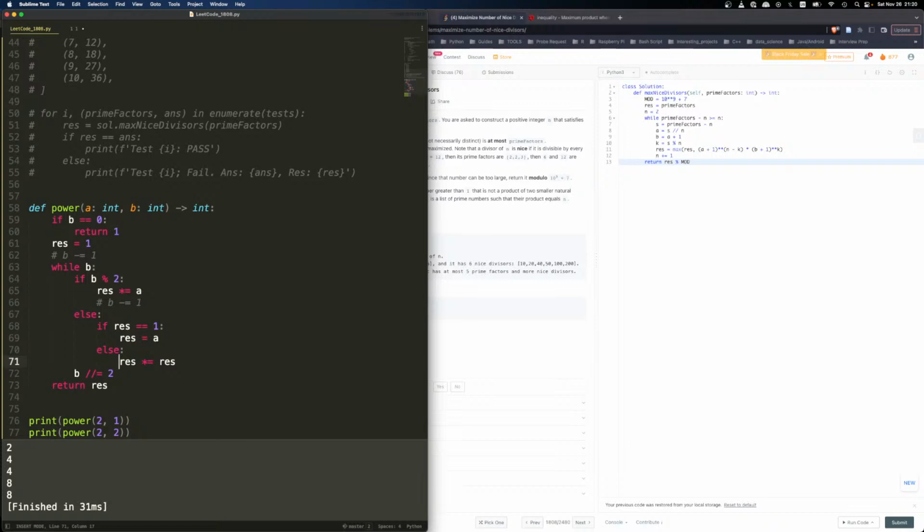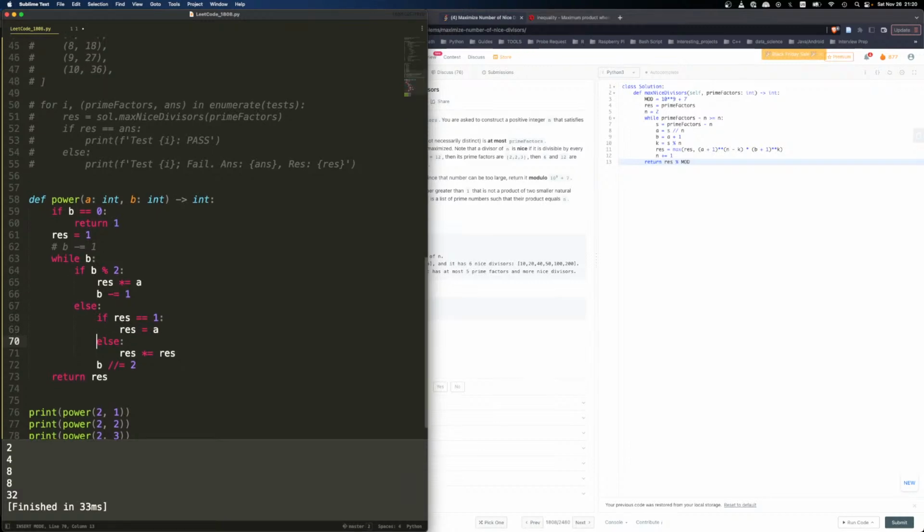If the power is an odd value, we'll multiply by A, and then reduce. How about this? Feel like I almost get there, but I'm still having trouble.